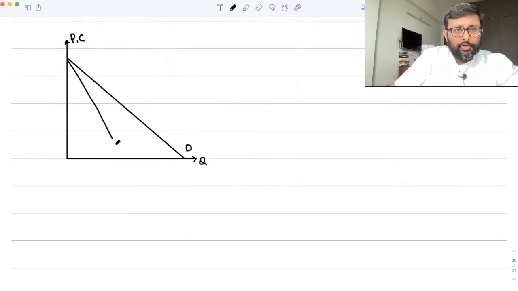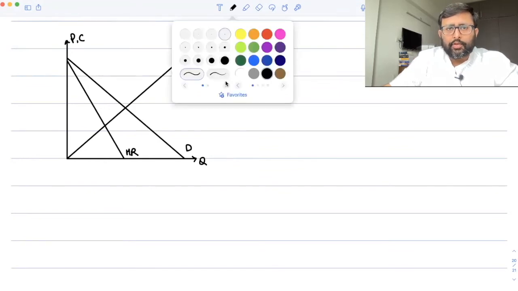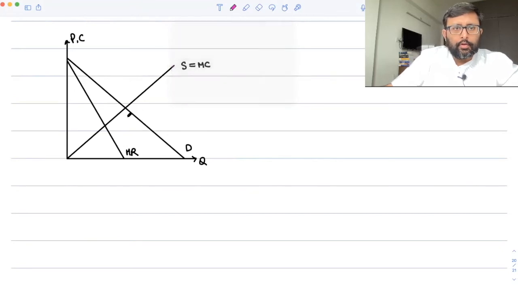You have the MR function, and you have the S equals to MC supply curve, which is working like the marginal cost curve here. Monopolist is going to produce at this point, and price is going to be this.